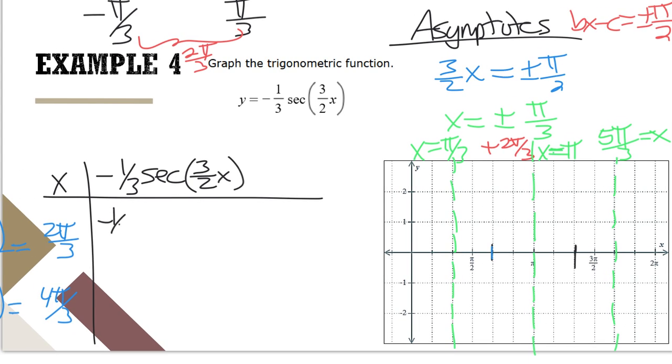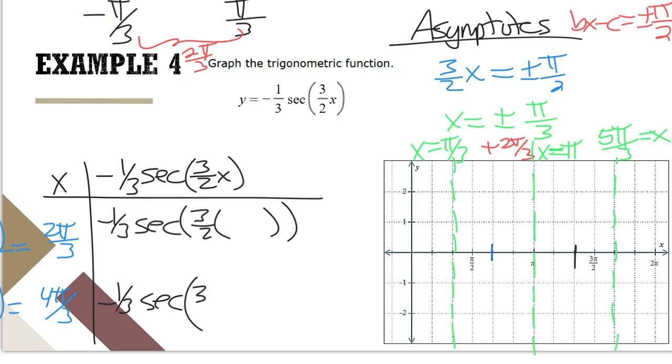So let's just substitute those in. Negative 1/3 secant of 3 over 2 times that, and negative 1/3 secant of 3 over 2 times that again. So we're substituting in those x values of 2 pi over 3 and 4 pi over 3, and we should get a value for that.